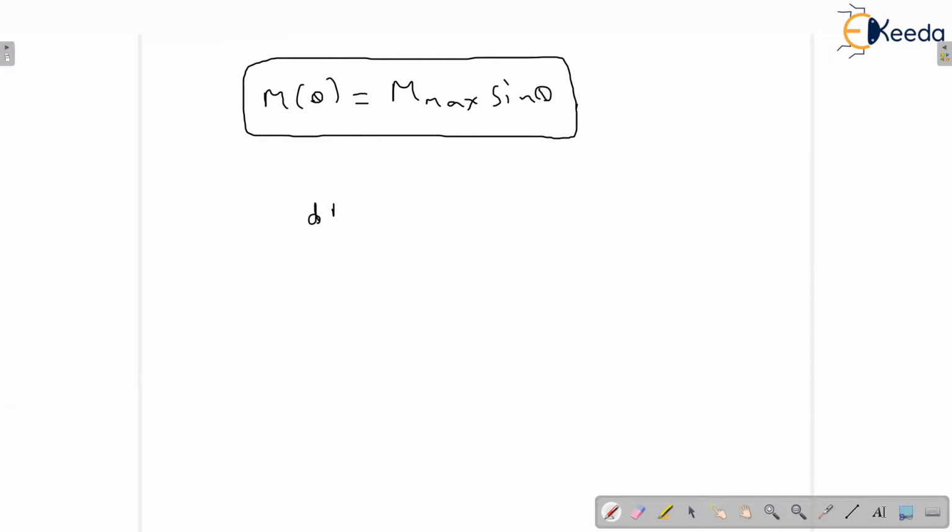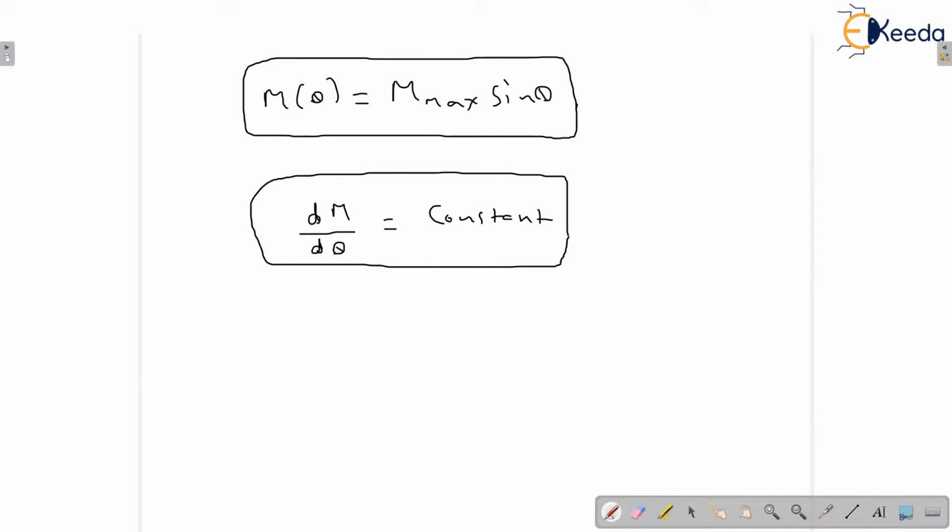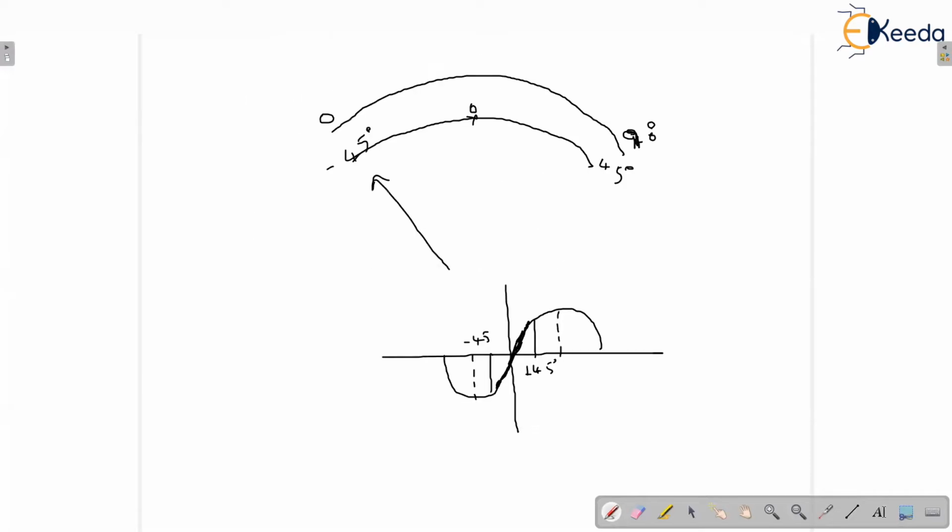So dm by d theta is equal to constant. Why is it linear? Why is dm by d theta constant? Try to understand here because it is constant.